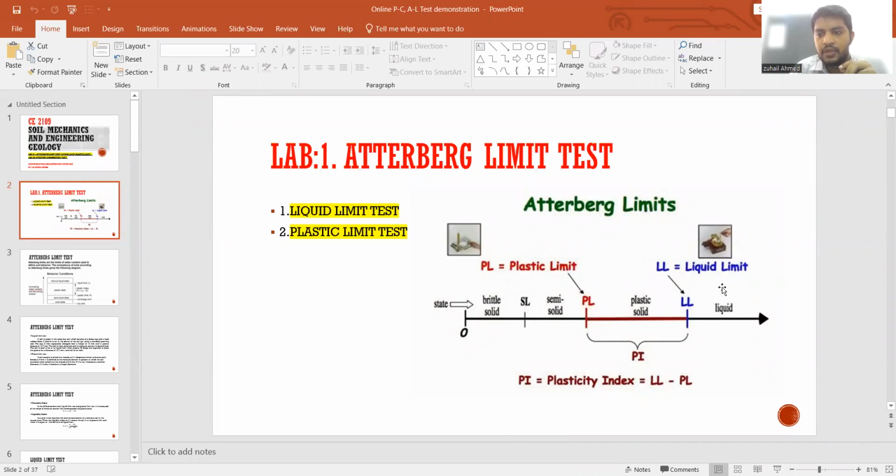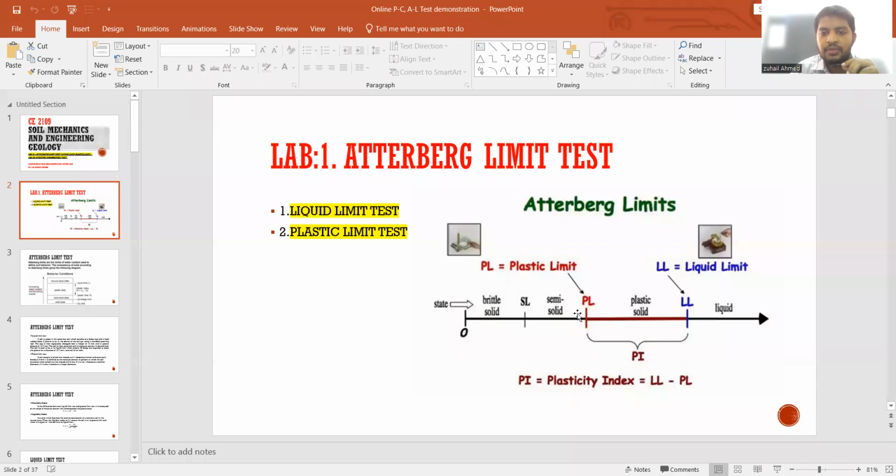Second, it will reach the liquid limit, when you are adding a little more water. From the solid state, it first becomes plastic.